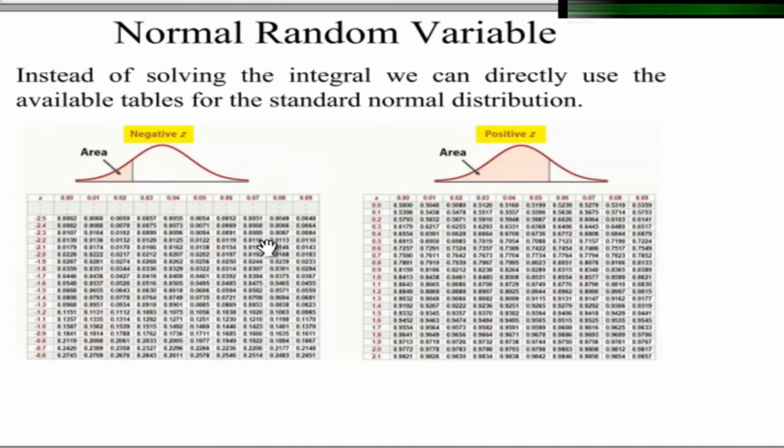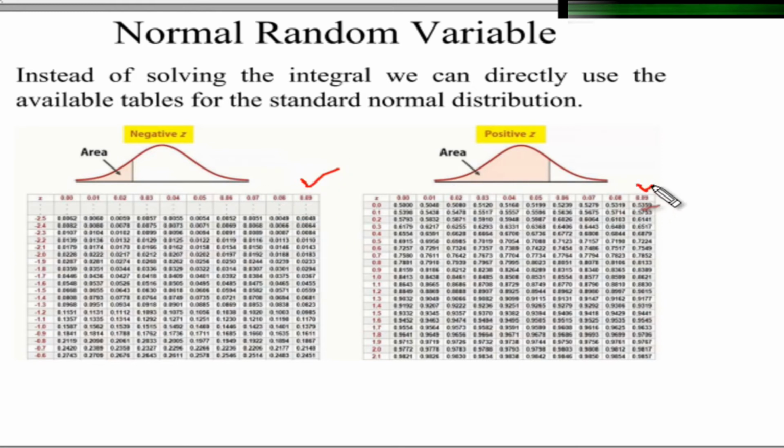Why is this standard Z table, the Z distribution, important? Because, as I told you earlier, to use it you don't have to calculate all the values by putting values in the standard formula which we have discussed. You just have to get some values and search for those values in this table. This is a Z table.